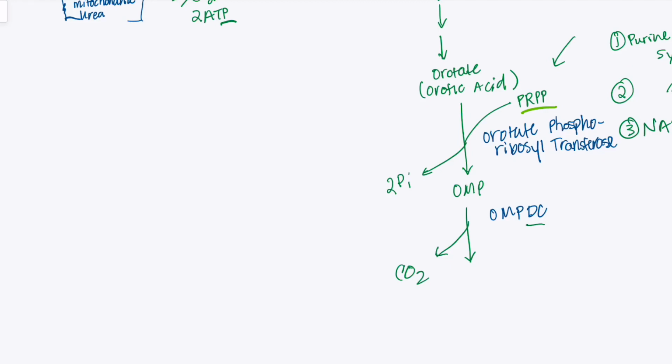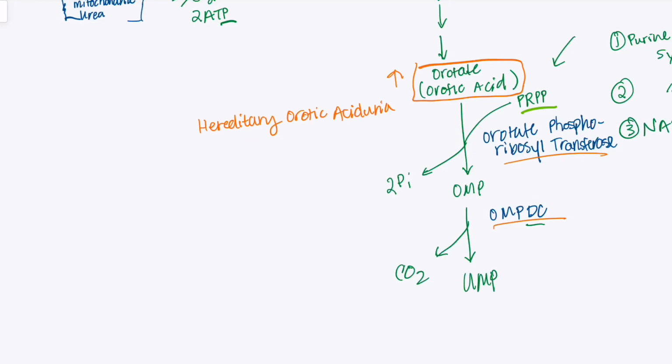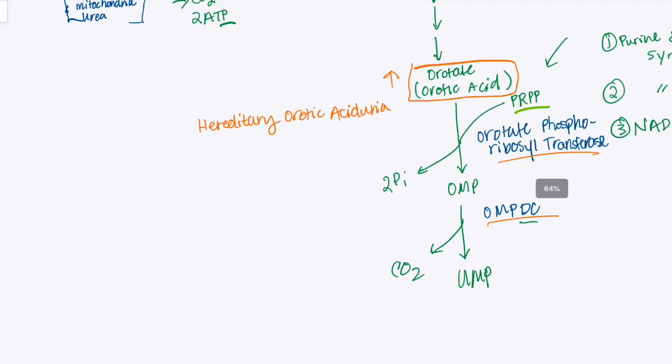The deficiency of either orotate phosphoribosyl transferase or OMP decarboxylase results in a condition called hereditary orotic aciduria. And what's happening here is we're actually going to end up with a buildup of orotic acid because whenever we don't have these enzymes, right, we can't push things to UMP, and therefore we're just going to be kind of stuck at orotic acid, and we're going to keep synthesizing this because of that.